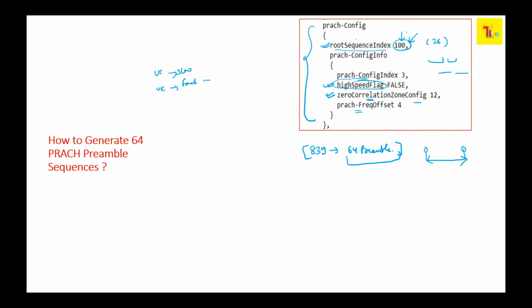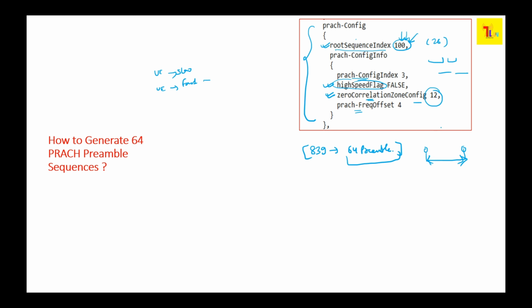It means this is the starting point from where it will start doing the cyclic shift, and it will keep doing the cyclic shift till your 64 preambles are generated. And the duration or step size of the cyclic shift is nothing but your zero correlation zone config.